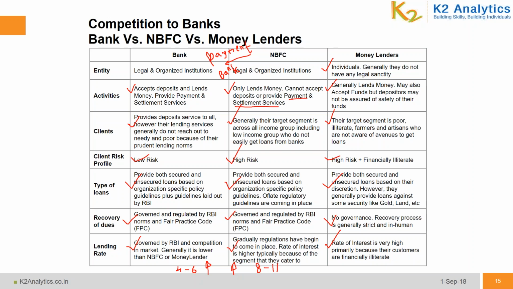Priority segment is the segment for which RBI has laid down that you need to give this much amount of money to this segment. That priority segment can be small lending businesses. That priority segment can be education loans, because small businesses you have to promote, right? So you have to give to them.